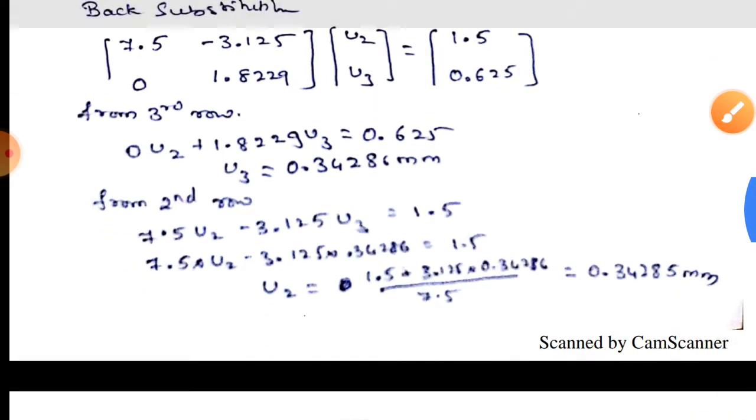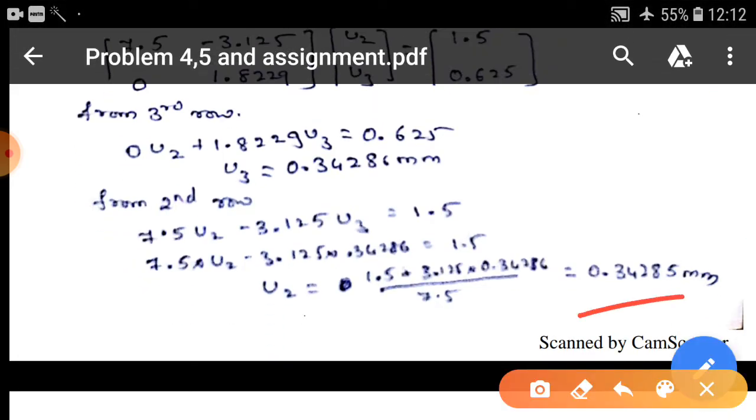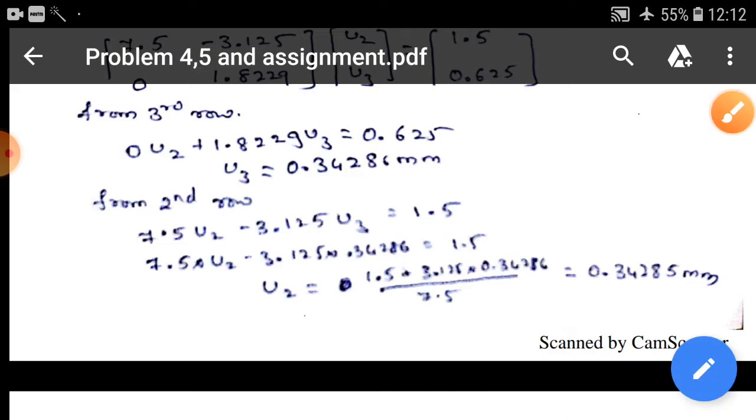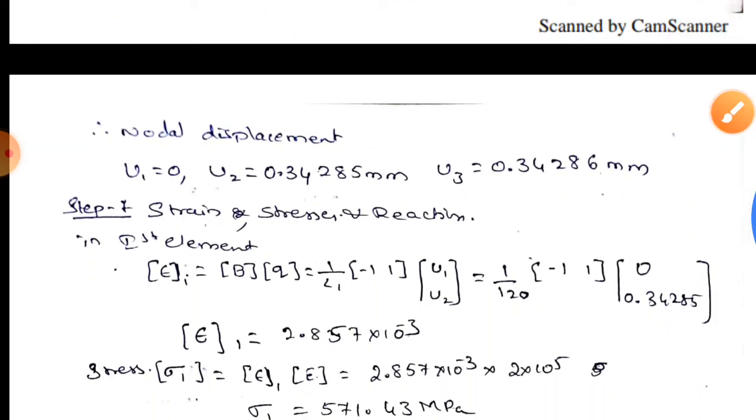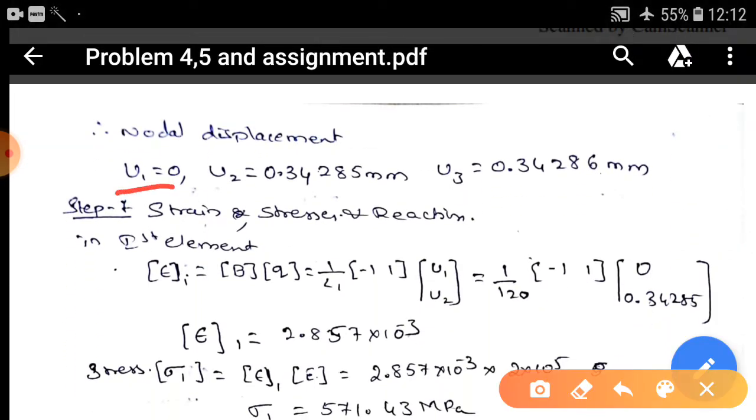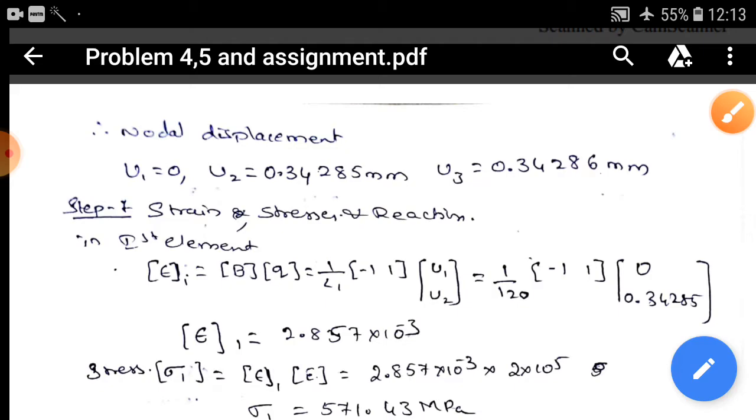If you solve this, you will get 0.34285. Now the u2 and u3 values are determined. Let us write all the nodal displacements: u1 was 0 because it is fixed, u2 is 0.34285, u3 is 0.34286.